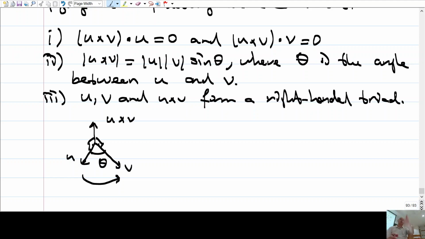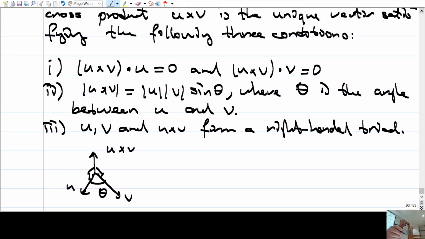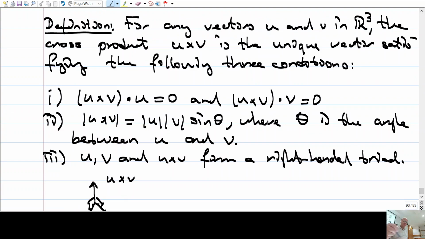Then your thumb should be in the direction of u cross v. Okay, right-handed triad is this. So this definition, of course, includes a claim, namely, that there is a unique vector satisfying the three conditions.